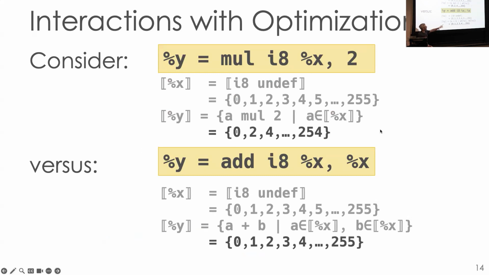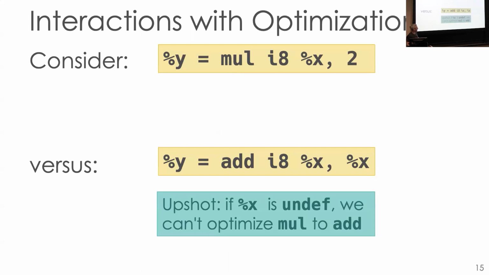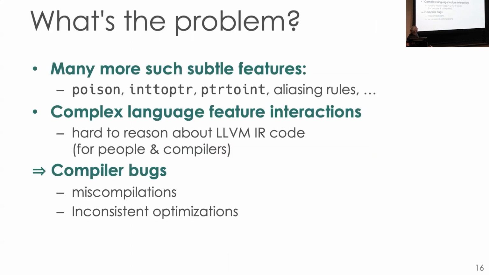Whereas if X happens to be undef here because we've copied it, it can be anything. So this is really frustrating and a source of a lot of complexity in LLVM. They've tried various times to move away from this semantics because it's really not very desirable, but they haven't yet. For many years, this is what they've had. And so we have to be careful.